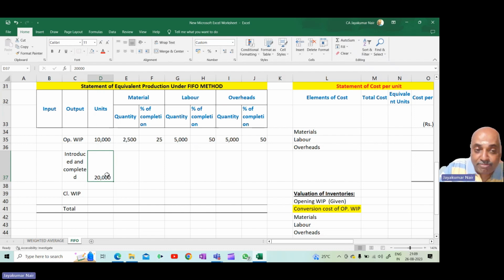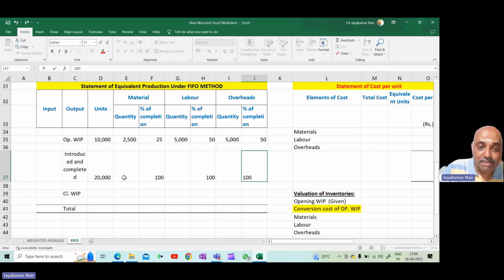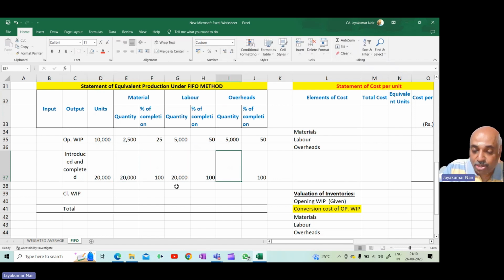Therefore, they are 100% complete with respect to material, labor and overheads, because they are finished goods as far as this process is concerned. So equivalent production will be 20,000 for each, because 100% of 20,000.